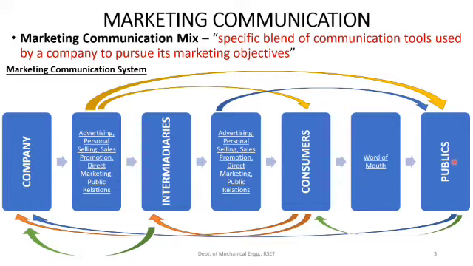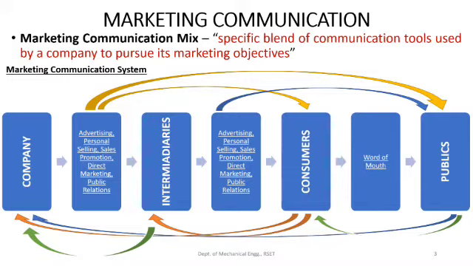There might be certain environment groups that create awareness about the lack of environment sensitivity or environmental conformity of that particular product. And this particular public group will influence the consumer when they think about buying that product. So such kinds of feedback, or return movement of information from the users back to the company, is also part of the marketing communication system.